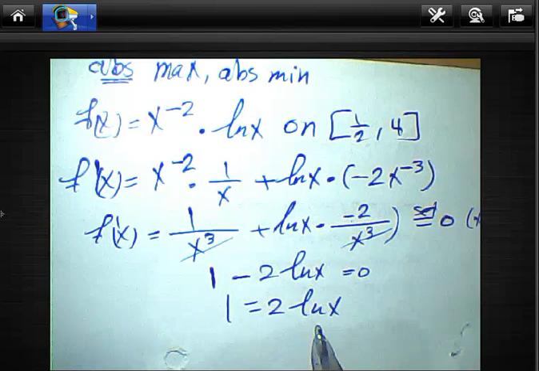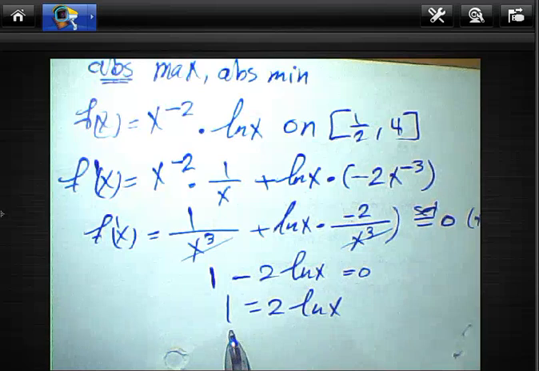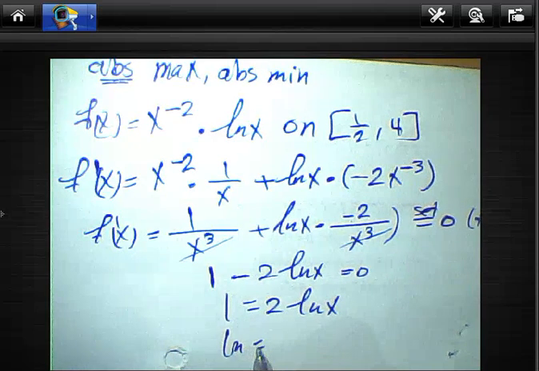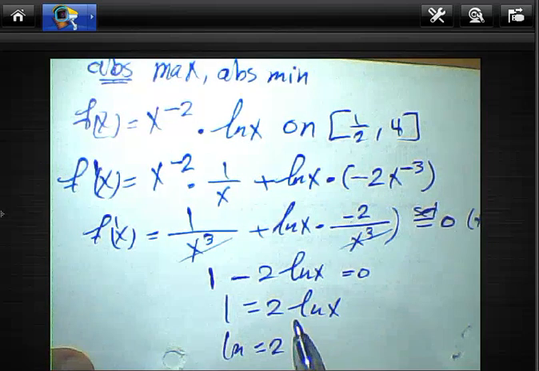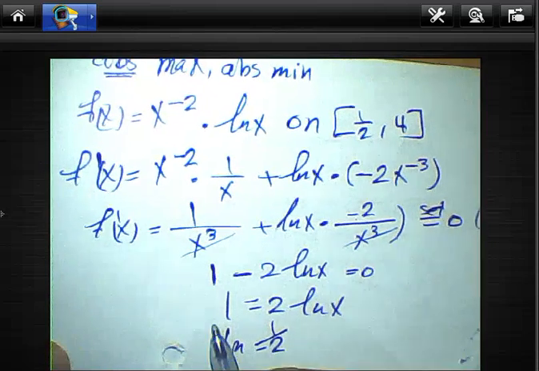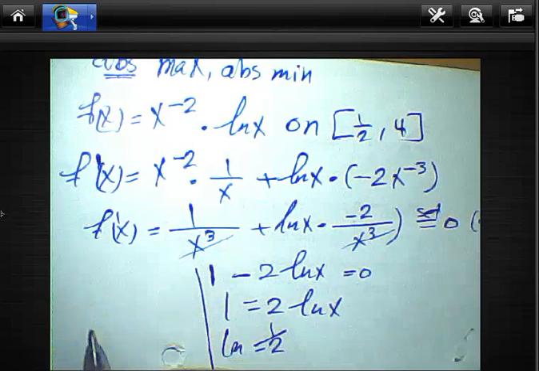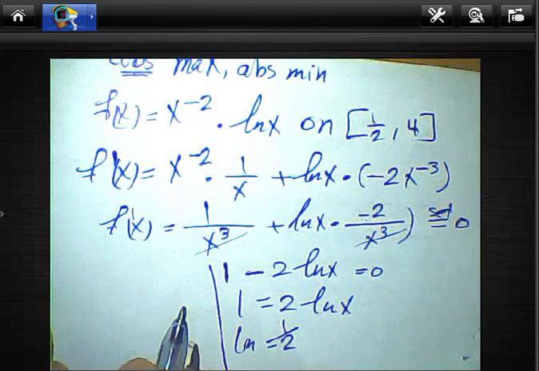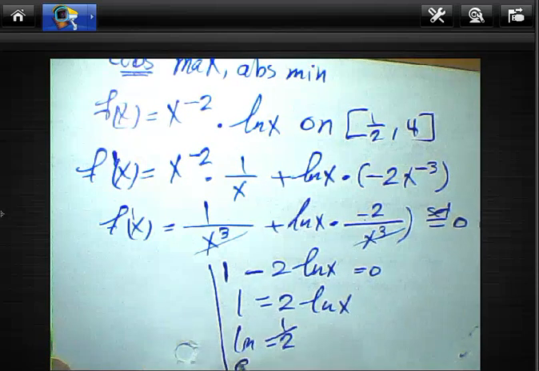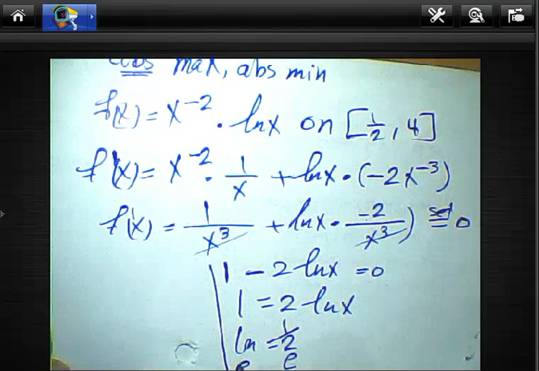2 ln of x equals 1, so we divide by 2, then ln x equals 1 over 2, which is one half. We know ln of x is the logarithm with base e, so we can write e to the power ln of x equals e to the power half.